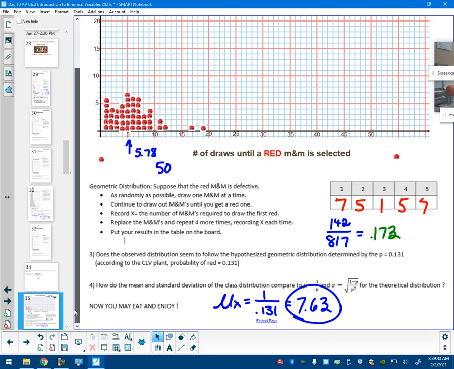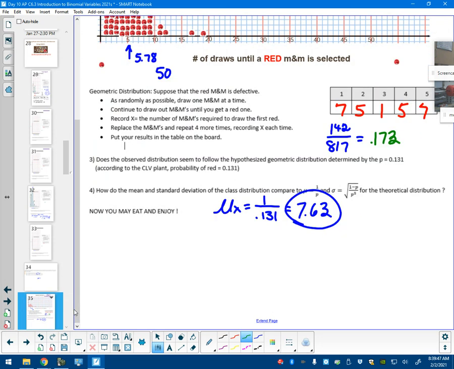The standard deviation for this, and I hope you notice something about these formulas, so we'll take a look at that in just a second too, would be the square root of 1 minus 0.131 divided by 0.131 squared.